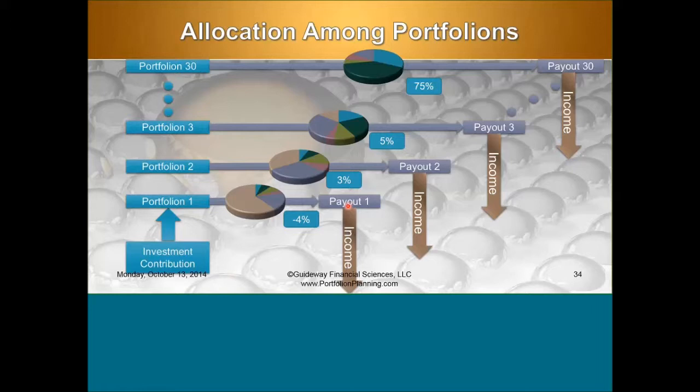And what I mean by error is that we don't really know what the true mean return is and the true standard deviation is for the stock market or the bond market or the market in general, any asset allocation.